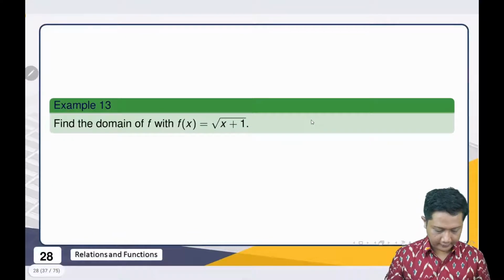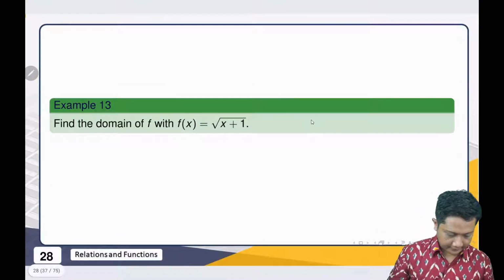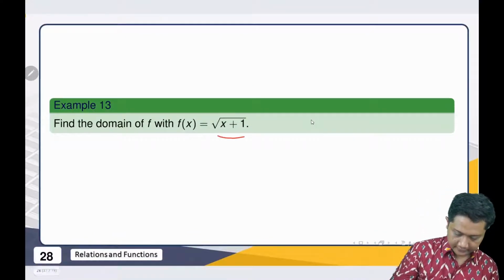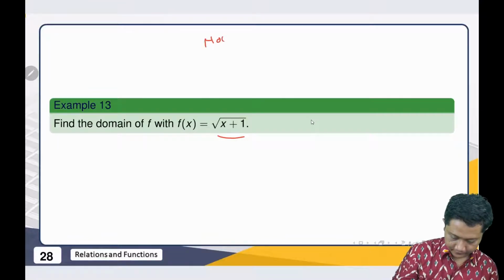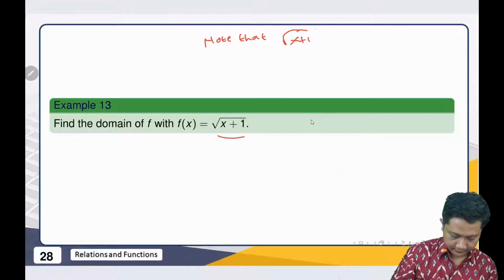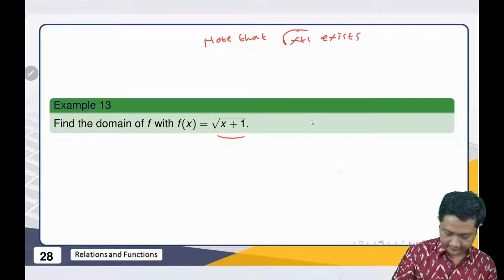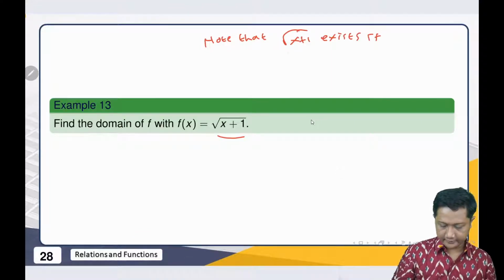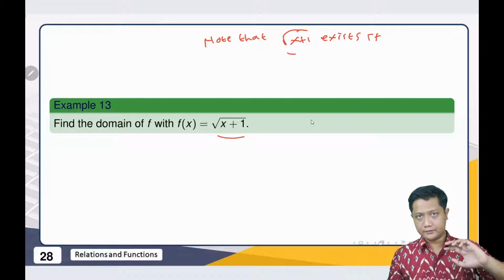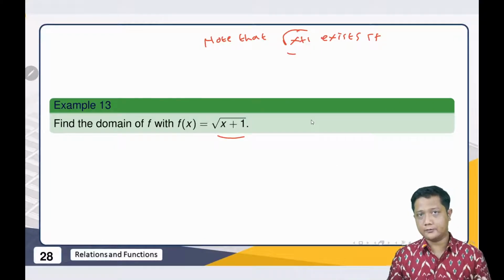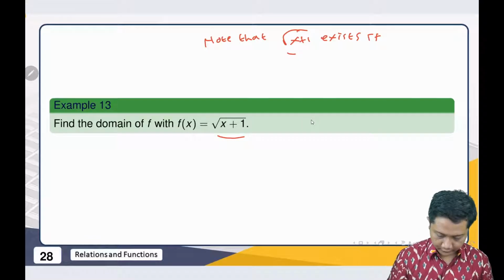To make it more clear, we go to the next one. Please note that the square root of x plus 1 exists if what happens? If we have the square root of a negative number, we don't have the square root. Why?